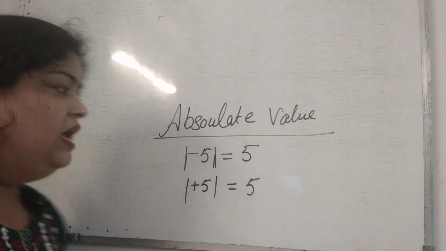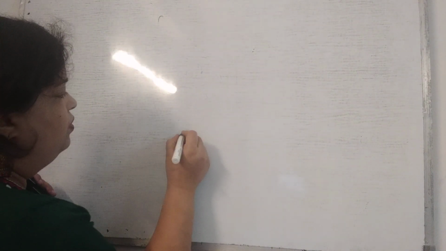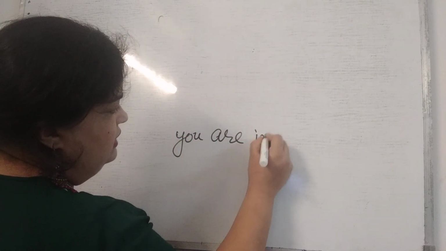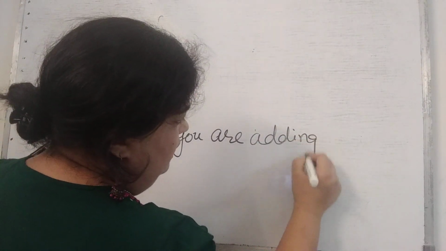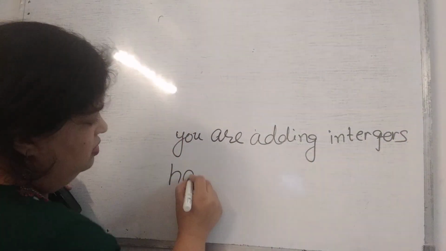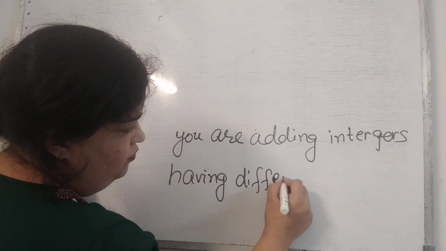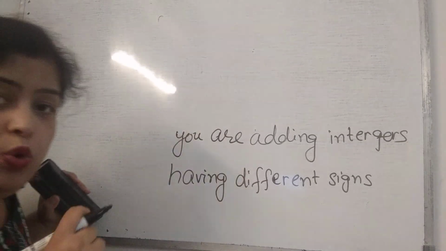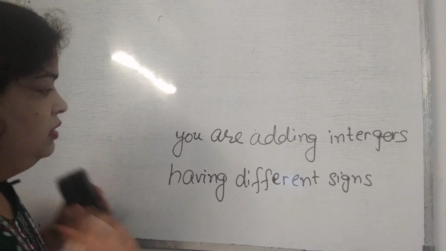In the same way, when you are adding integers having different signs, then you always put the bigger number's sign in the answer.